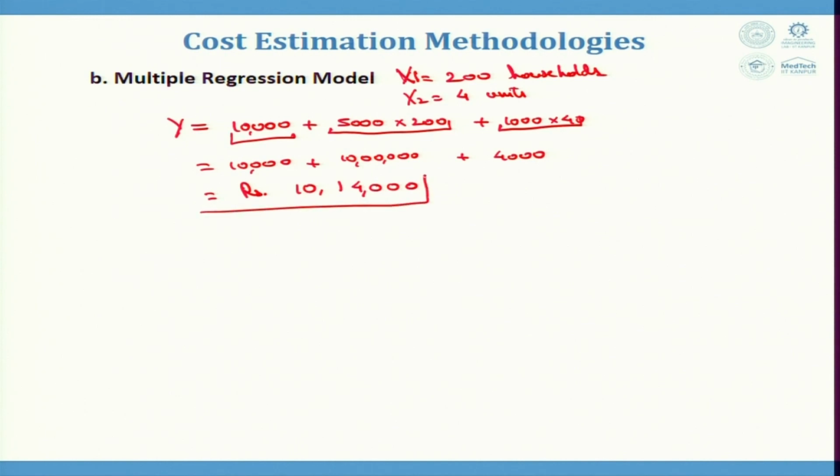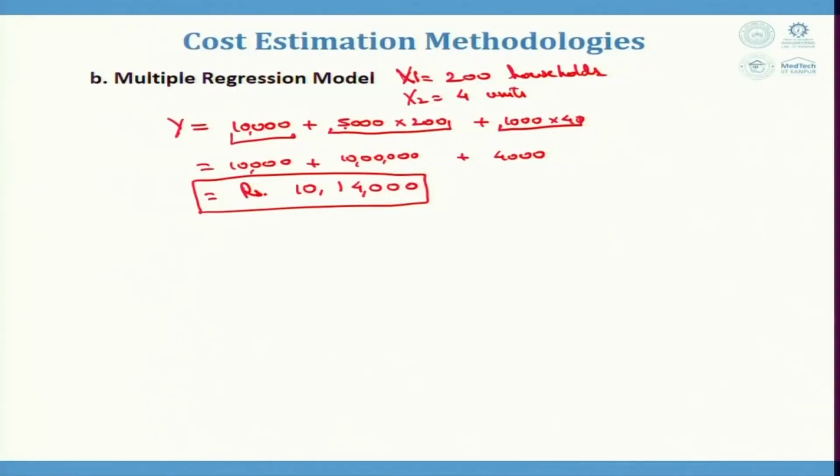though this cost might not be realistic. But the point that I am trying to make here is the factor which is having higher contribution determines the cost more. See, this B1 value is 5,000. So, this is B1, this is B2.